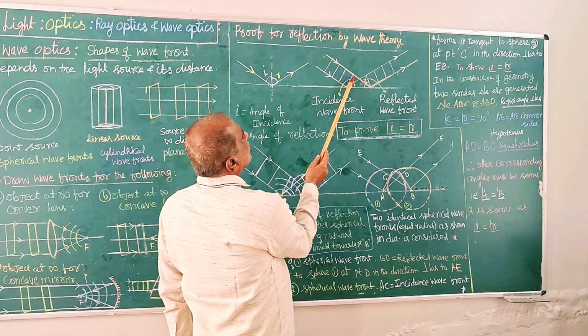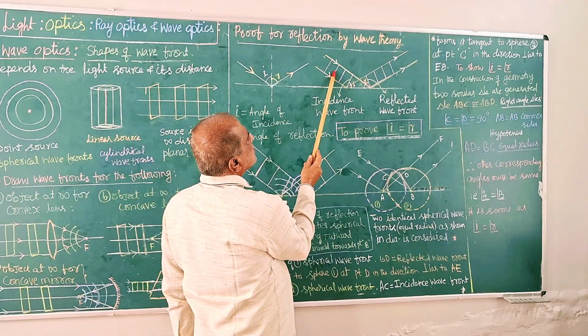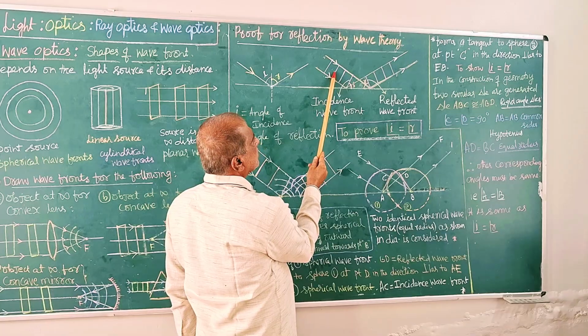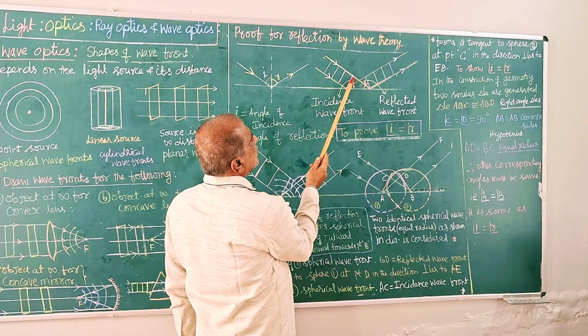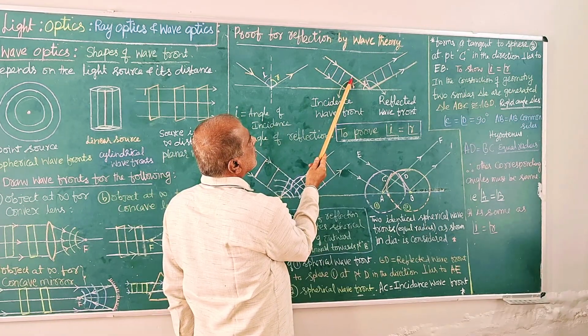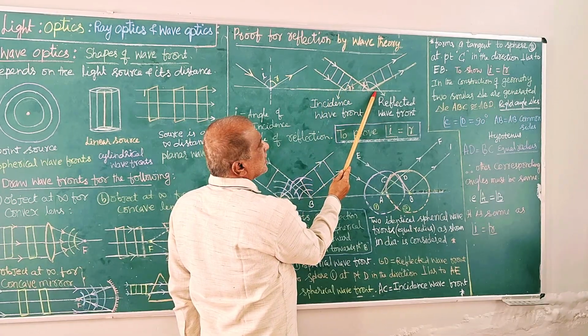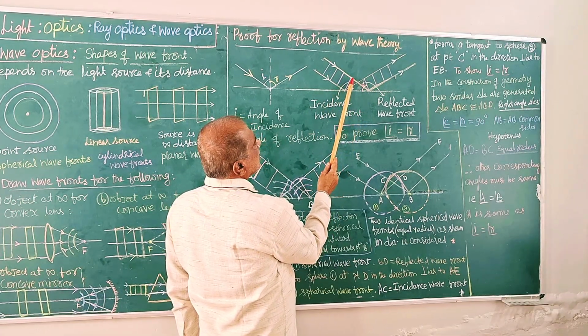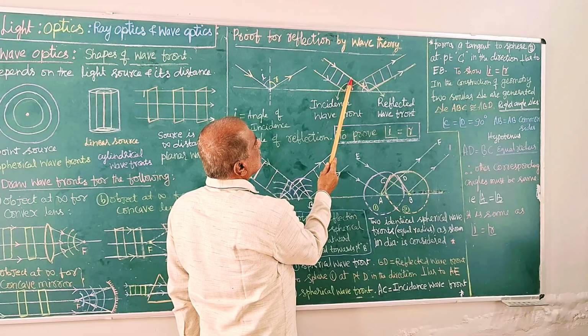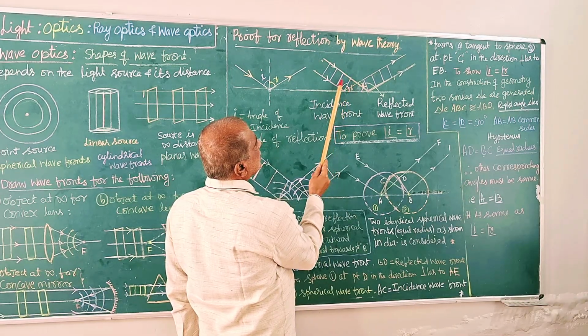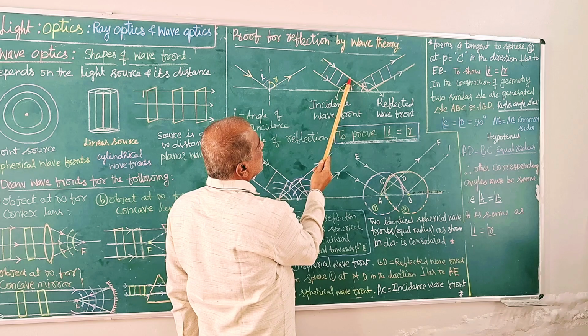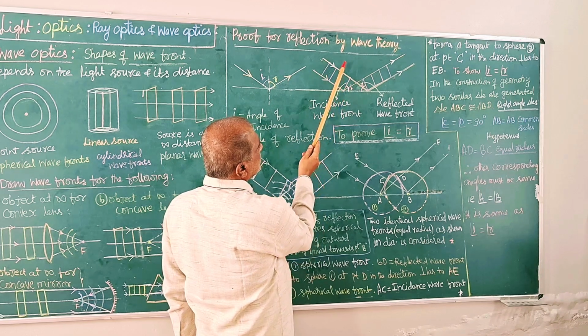And this is the wavefront I am talking about. We concentrate on the wavefront. After reaching the surface, this is the surface on which the light is getting reflected. This wavefront is always perpendicular to the ray like this, and it is aligned with the surface with this inclination.